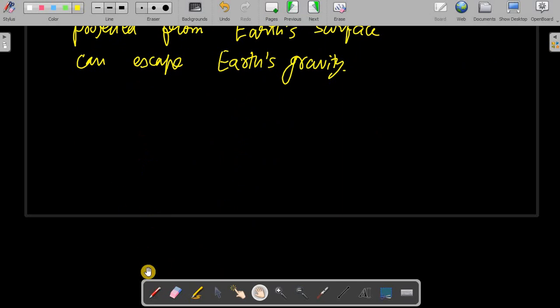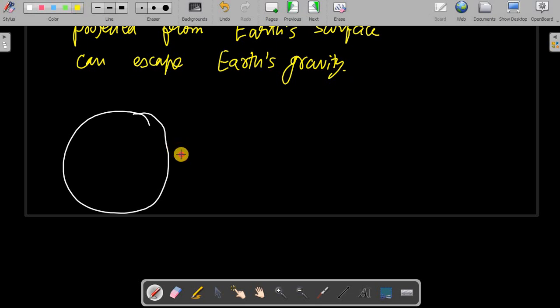So suppose this is the surface of Earth, and from here you are projecting a body. This body has mass small m. Let's say we are projecting it with the velocity v, the escape velocity.